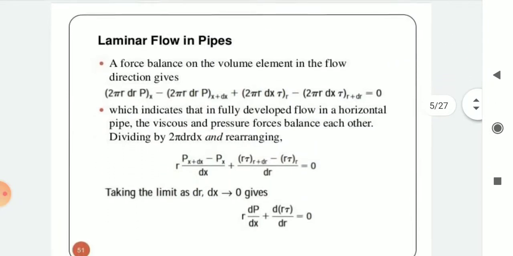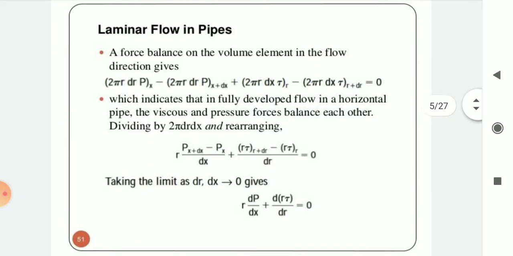So, a force balance on the volume element in the flow direction gives 2πr dr P(x) minus 2πr dr P(x+dx) plus 2πr dx τ(r) minus 2πr dx τ(r+dr) is equal to 0, which indicates that in fully developed flow in a horizontal pipe, the viscous and pressure forces balance each other.